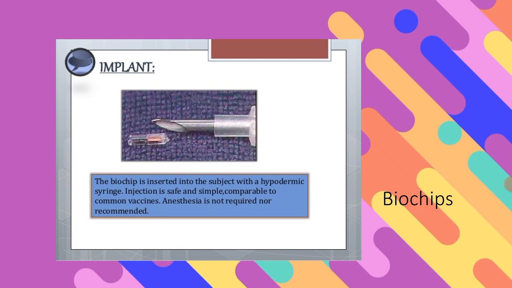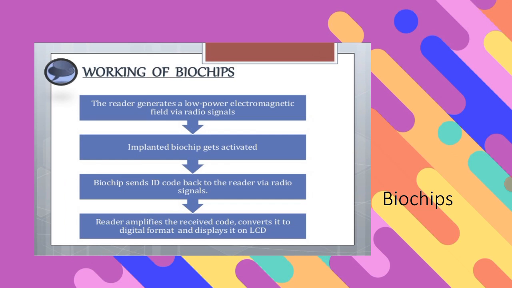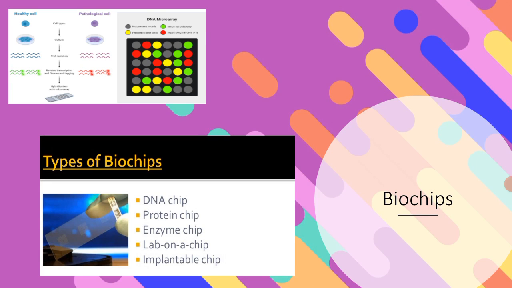Then we saw the implantation. Then we saw the overall working of the biochip, how the biochip works. Now in this lecture we will see the 1 to 2 various types of biochips that are available and majorly used.